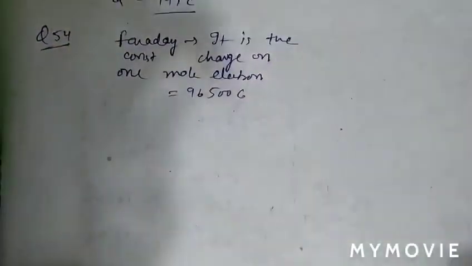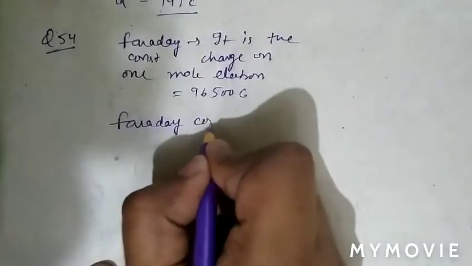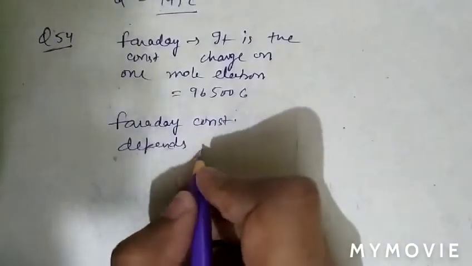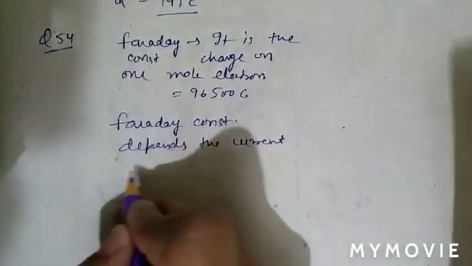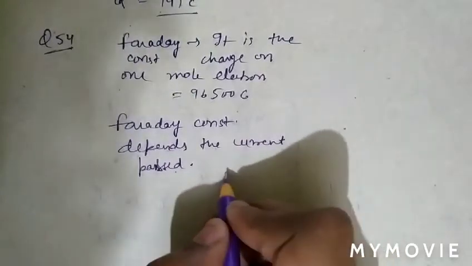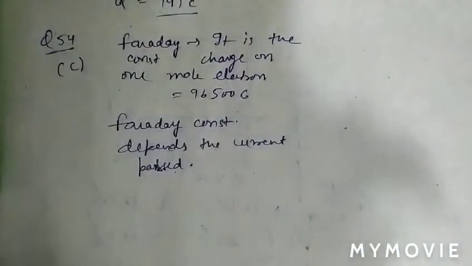And we know that Faraday constant depends on the current passed through the electrolytic solution. So question number 54, option C is correct.